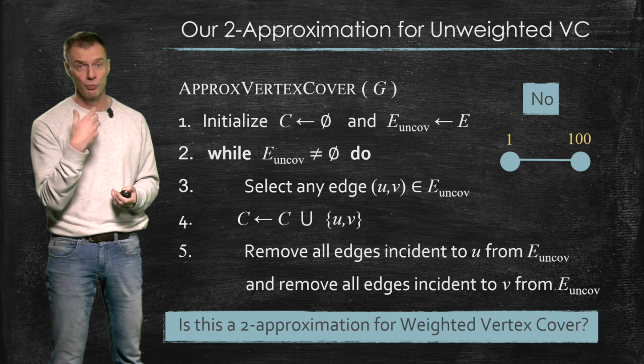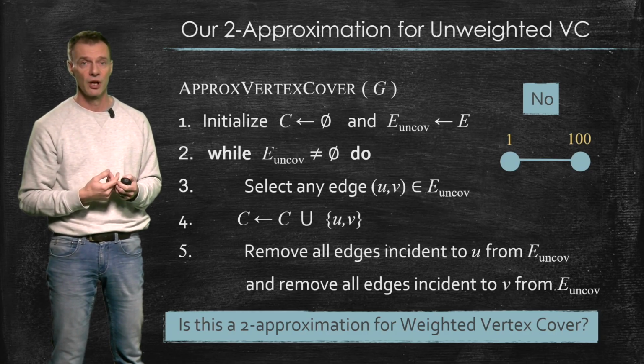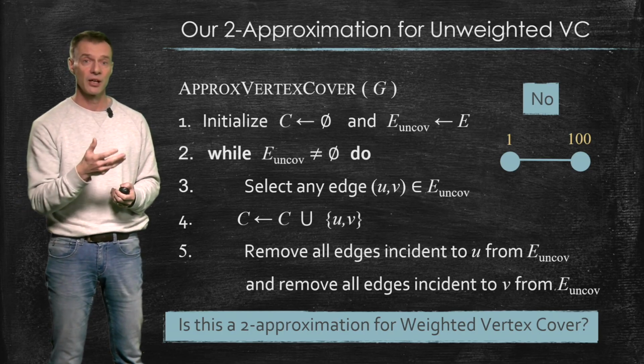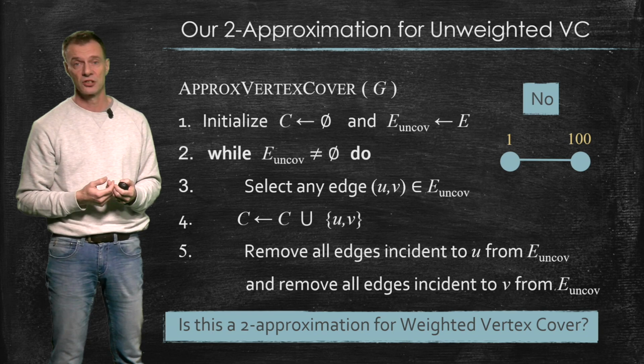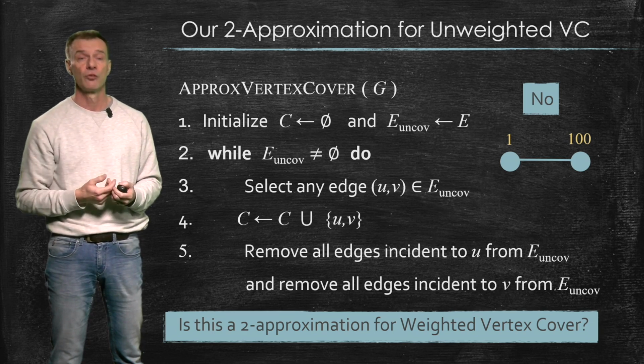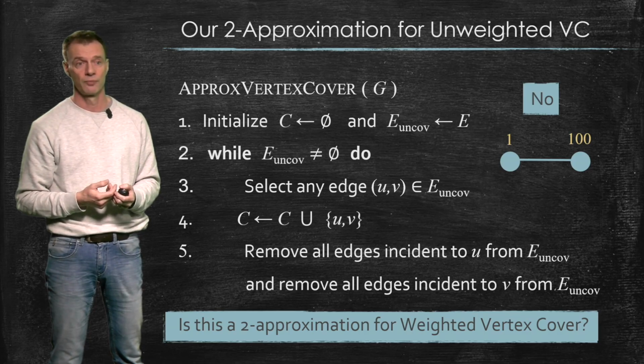It will put both vertices into the cover. And then in this case the total weight is 101, whereas the optimal vertex cover would just have weight 1.